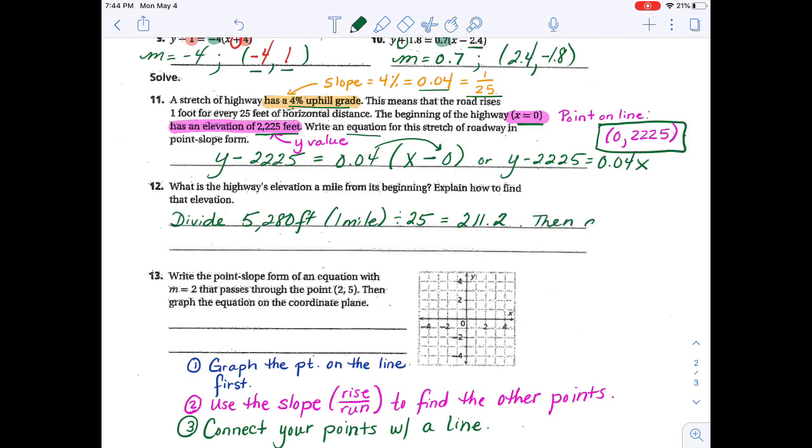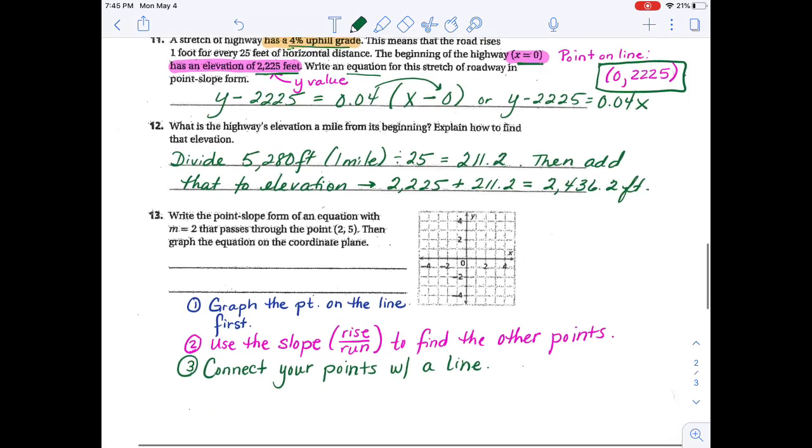Then add that to the elevation they give you, which means 2,225 feet plus that 211.2 means I've got 2,436.2 feet.